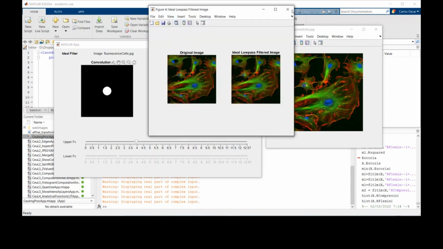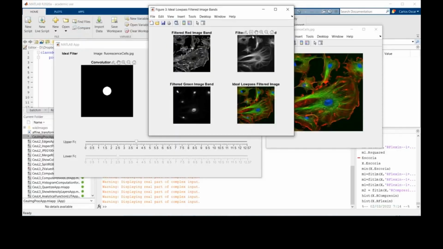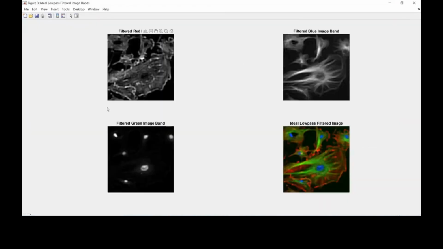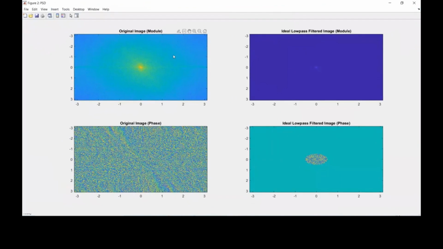So now we have the original image and this is the low pass filter. What else do we have here? It is the same, but now with different bands. And the same, but now we are in the power spectrum. So this is the original image, this is the module of the Fourier transform, this is the phase.